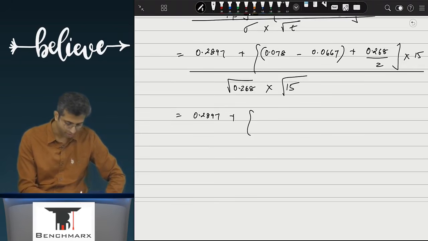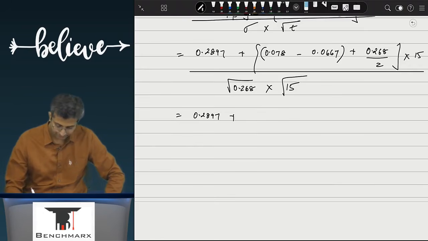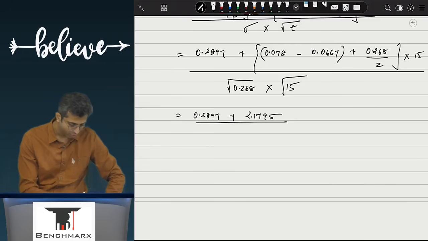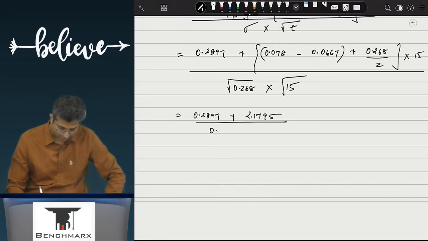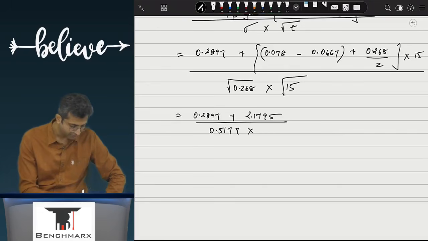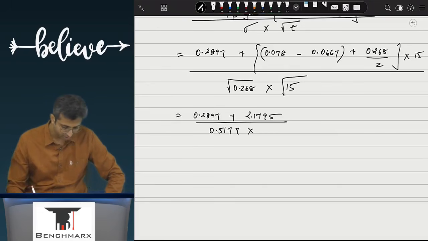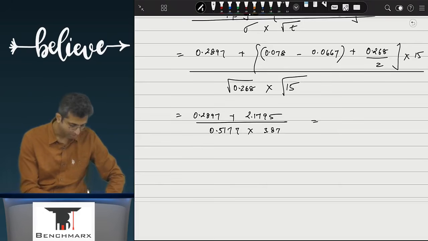So if I total it, 0.1453 into 15 is 2.1795, upon 0.268 square rooted, which is 0.5177, into 15 square rooted, 3.87.